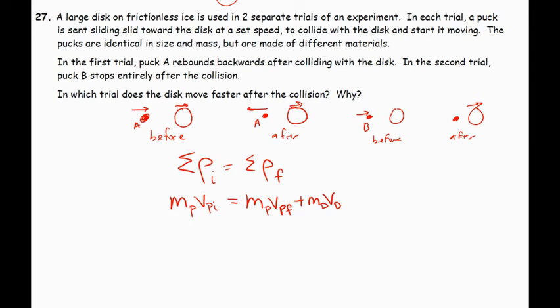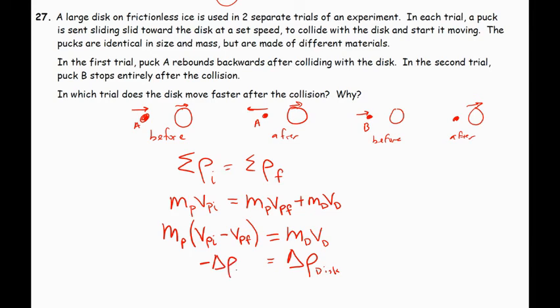And so when we look at that, we end up getting the mass of the puck, if we bring these to the same side, is the velocity of the puck initial minus the velocity of the puck final. And that's equal to the mass of the disc, velocity of the disc, okay? So your change in momentum for your disc is equal to the negative of the change in momentum for the puck, okay?